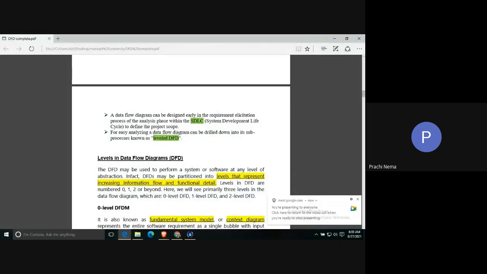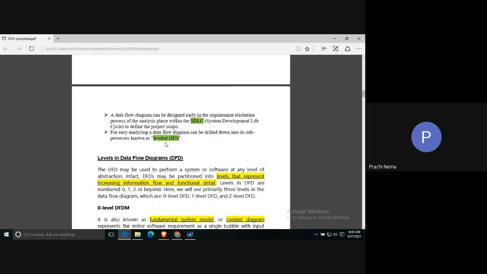So there are two more points about DFD. One, I guess I've already told you. These are just two points which you should know. First one is that in SDLC, that is system development or software development life cycle, we have two phases I told you: analysis phase and synthesis phase.